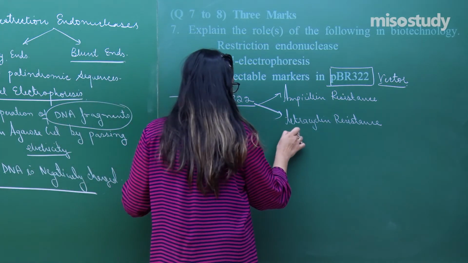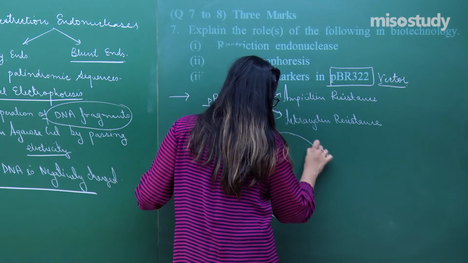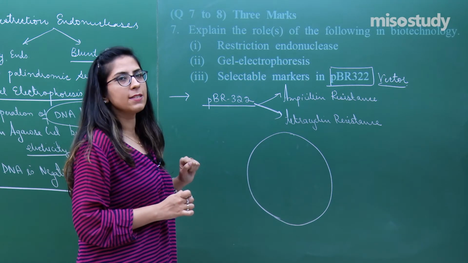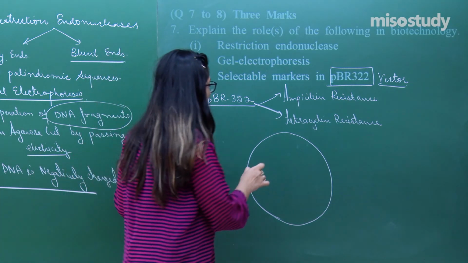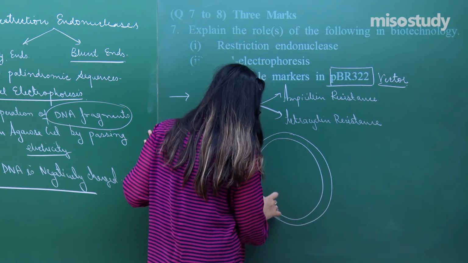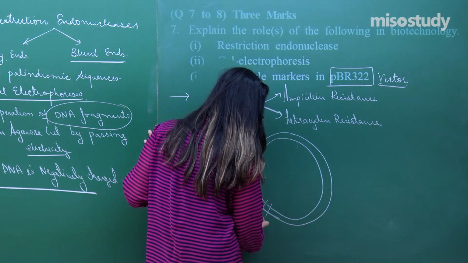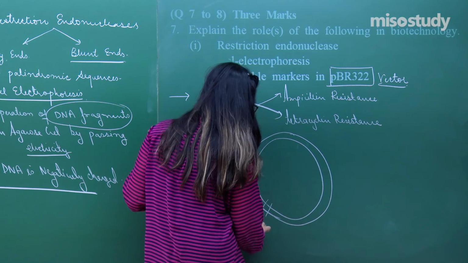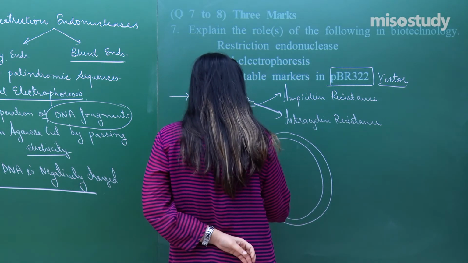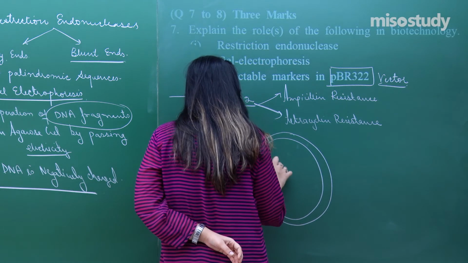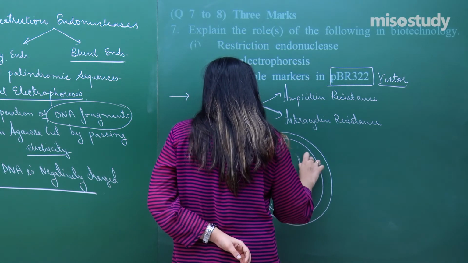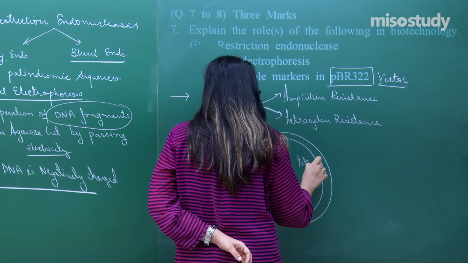To talk about the vector and the placement of these different resistance genes, ORI sequences and various restriction sites: this is one sequence called ORI, the origin of replication. This region provides ampicillin resistance, this region provides tetracycline resistance.